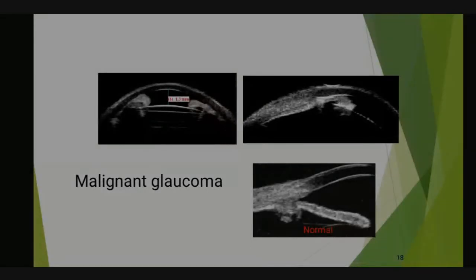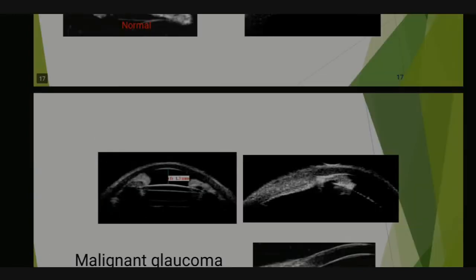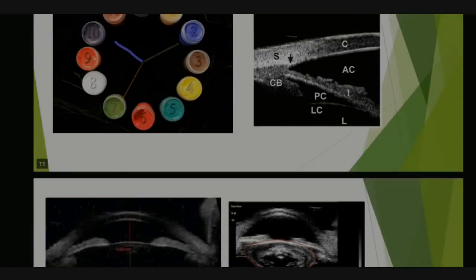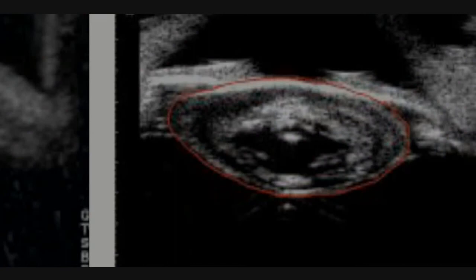This is a classic case of iridocorneal Seine. What I'm asking is, in case there is an iridolenticular Seine, the iris actually bows. Will that look similar in the image? Here you can see the iris and lens touching.